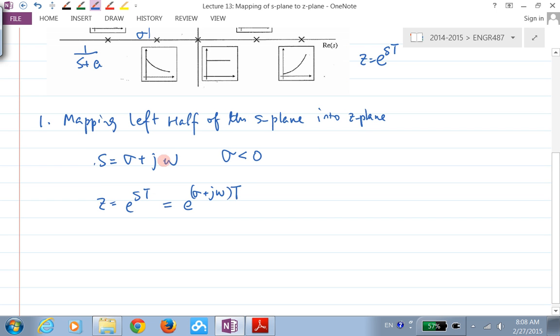With the pole in the S plane, this is the pole location in the Z plane. So what's the value of this? This is sigma times T plus j omega times T, so e to the power of sigma T plus j omega T, which is e to the power of a times e to the power of b.